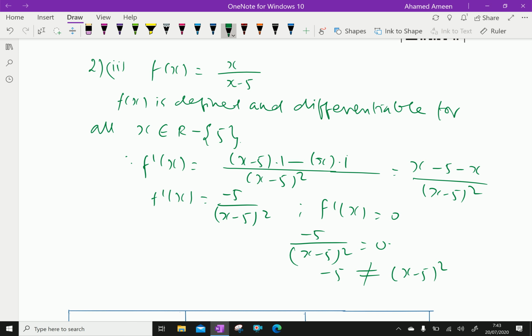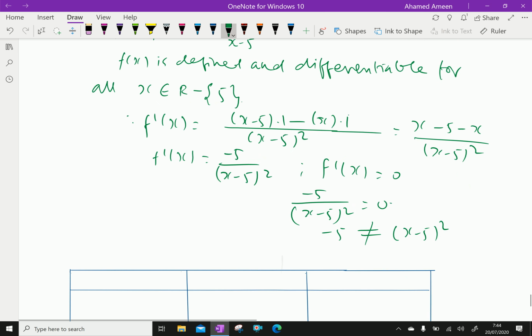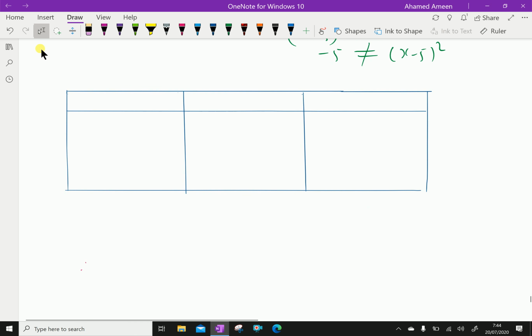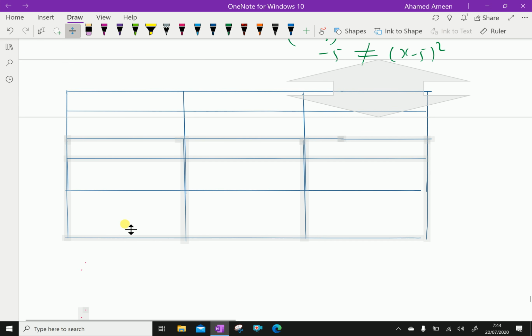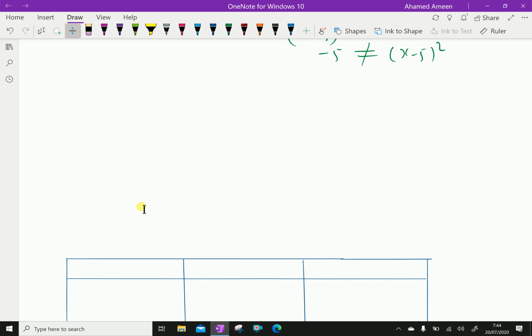So there is no stationary point, because here we cannot get any value for x. Therefore there is no stationary point in this situation.